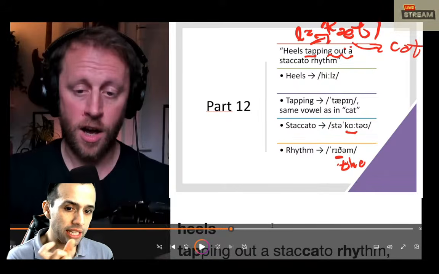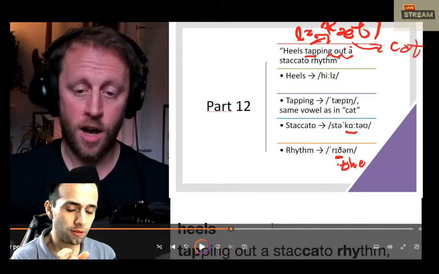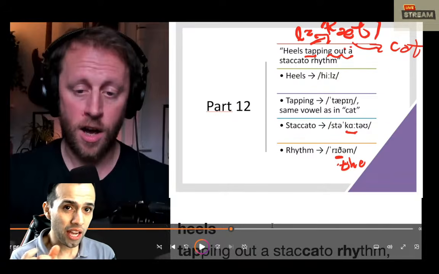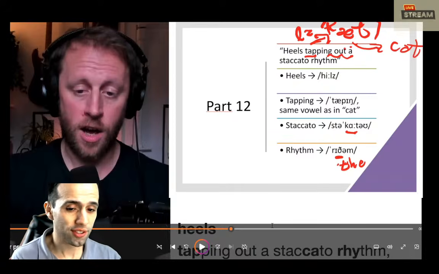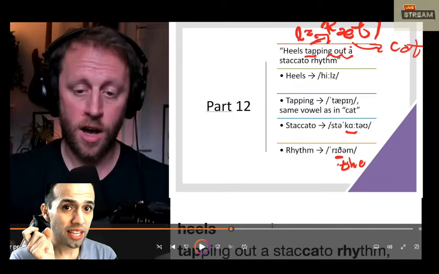But this flap T is the one you usually get in unaccented or non-stressed syllables, like at the end of a word, like this one. Staccato.